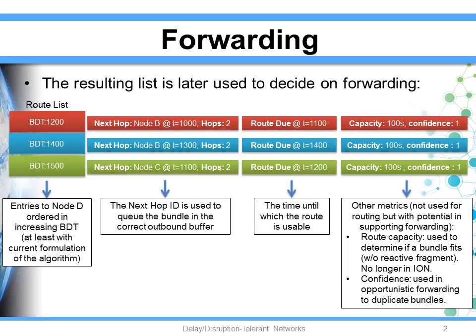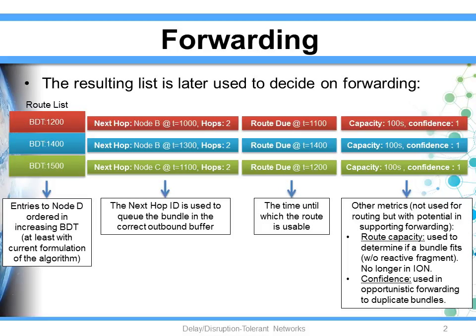Then also each route has a due time, which is a time when the route is no longer valid, because the route is in the past already. So that route due value is very important as well in the route list. And there are other secondary metrics such as confidence or capacity, which can be relevant for forwarding.